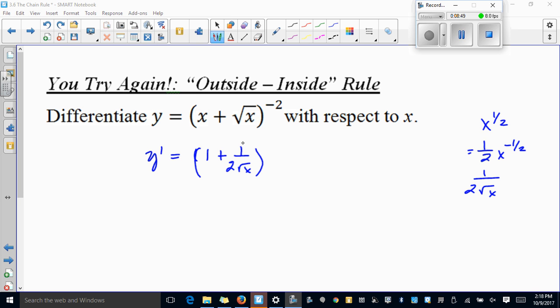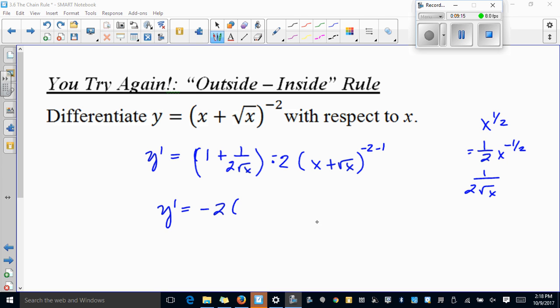So let's do a little cleanup on this guy. So y prime equals negative 2 times, oops, did you notice I forgot something here? Don't forget the negative 2 minus 1. 1 plus 1 over 2 radical x times x plus square root of x to the negative 3rd power.